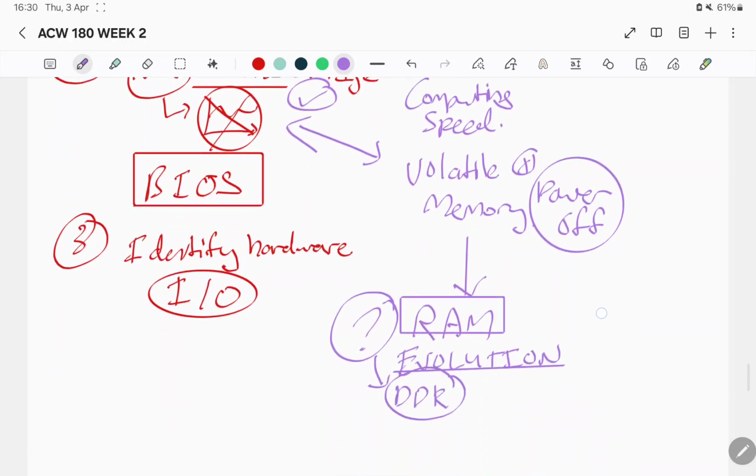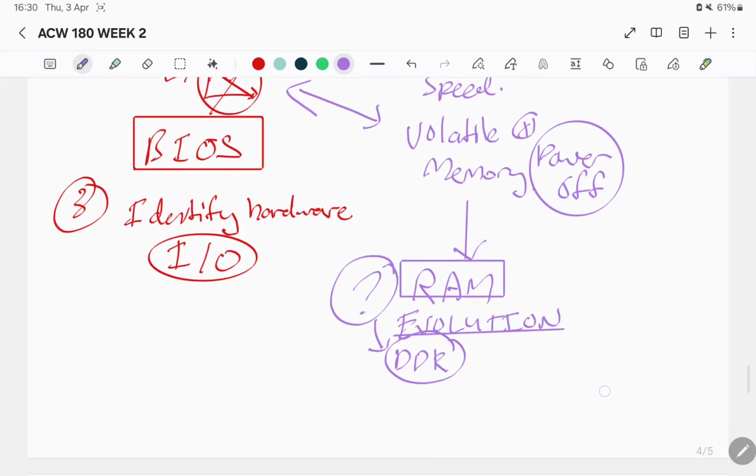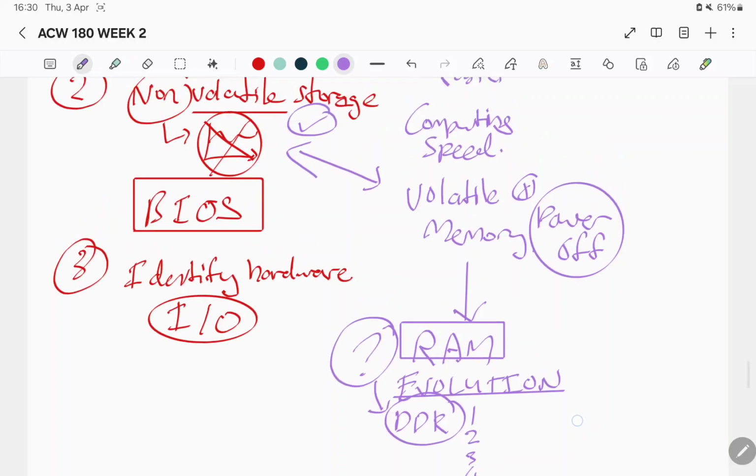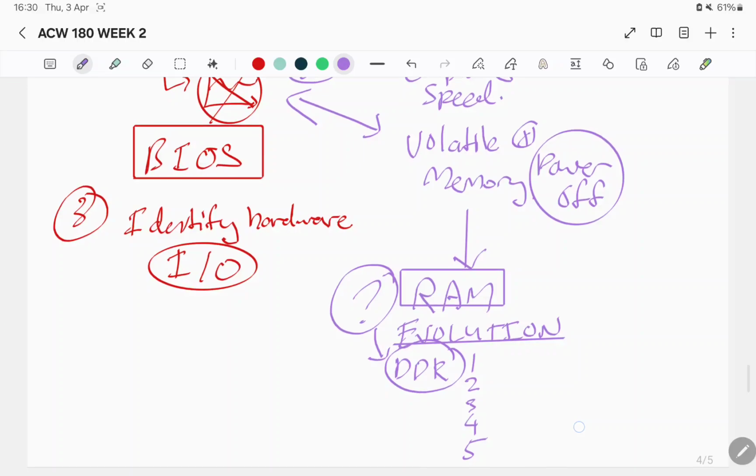We're not going to go into this hardcore, but just to let you know that now we have DDR1, 2, 3, 4, and the latest is the 5th. So if you find yourself checking out a computer and you check up the RAM, you might want to just pick the 5th one because the 5th one is the fastest. There are some detailed notes you can look at, but I'm not going to talk about much. Very simple.